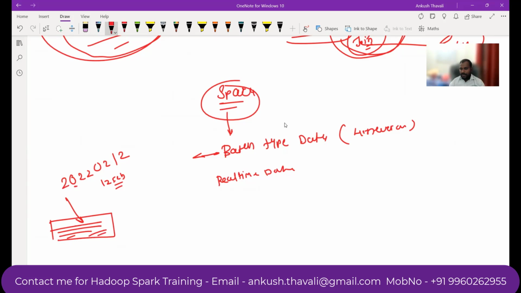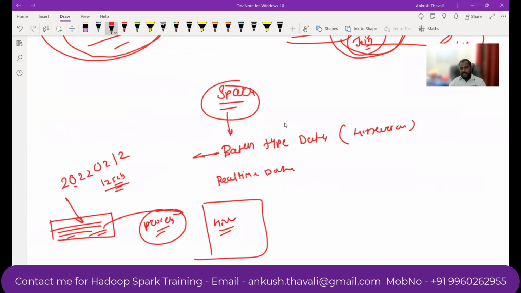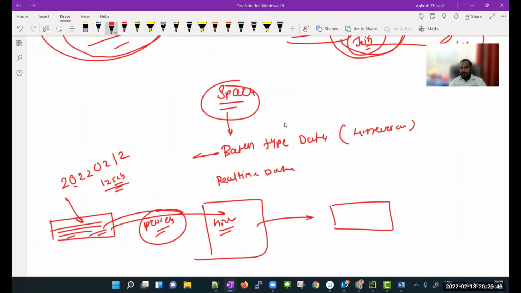As soon as I get the file from the client, I'll process it with the help of Hadoop. This data I'll place into my Hadoop table, I will apply some logic, and finally I'll give an output.